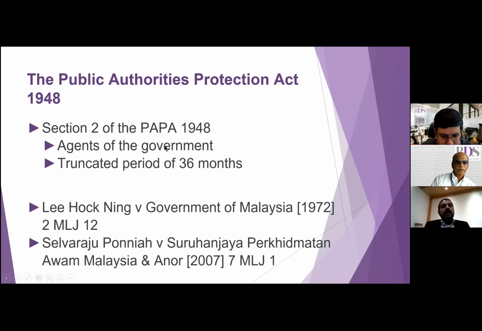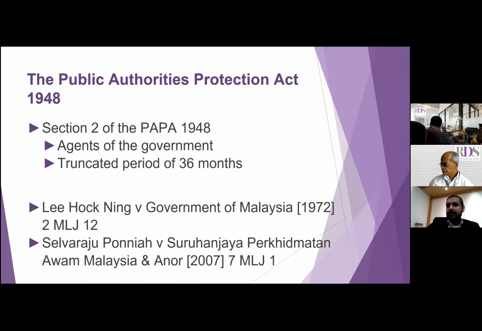Okay, outside the Limitation Act, we have the very popular Public Authorities Protection Act. It predates our independence, but it is held on and used by the courts in a very strict manner.